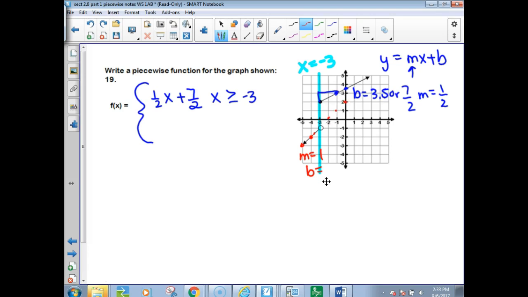I would have landed right there at 2. Okay, so that's the numbers I need to plug into y equals mx plus b form. F of x again is the y value, so you don't write it again. 1x plus 2, and that's for values of x that are less than -3. Okay?